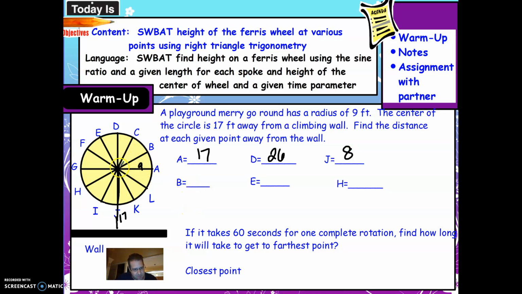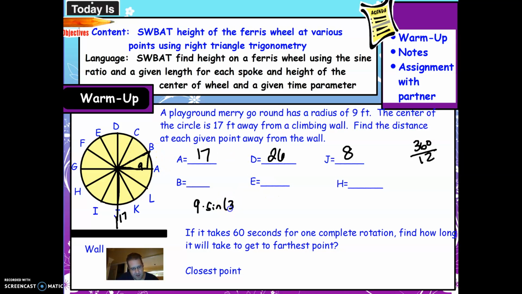And B. Okay, to find B, we're actually going to have to use some trigonometry. So we have to figure out the height of this triangle. In that triangle, we can simply use the formula since we've been doing it. It's always radius times sine of theta, where theta is the degrees. Now 1, 2, 3, 4, 5, 6, so it looks like there's 12. 360 divided by 12 gives us 30 degrees per rotation.